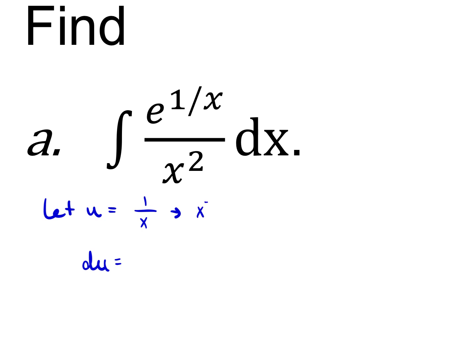We can make it x to the power of negative 1. What's the derivative of x to the power of negative 1? Be careful, we multiply by the exponent, so it'd be negative x to the power of, and we subtract 1, negative 2 dx. Or this would be negative 1 over x squared dx.